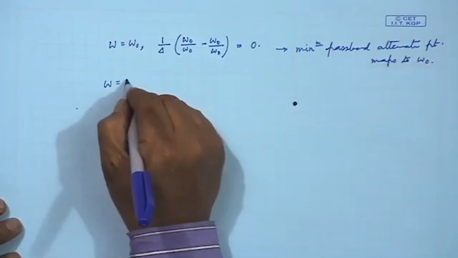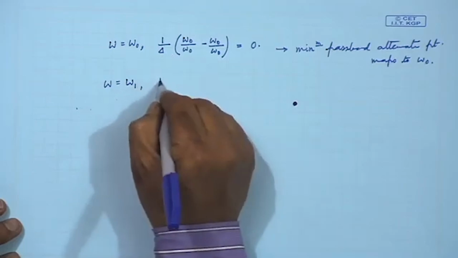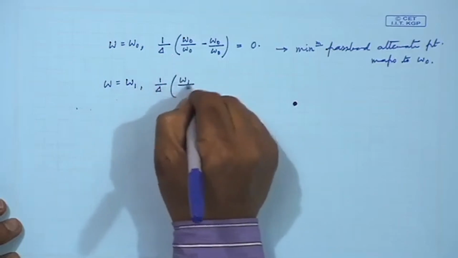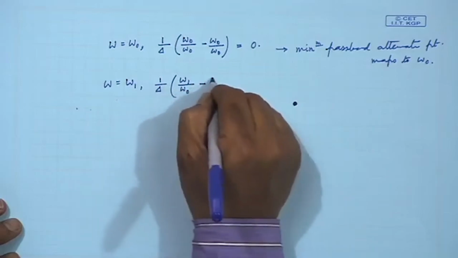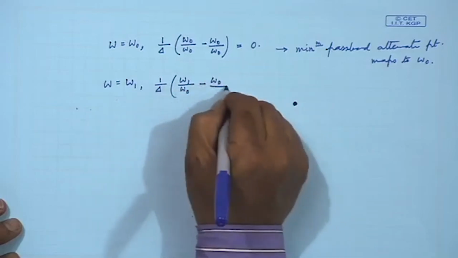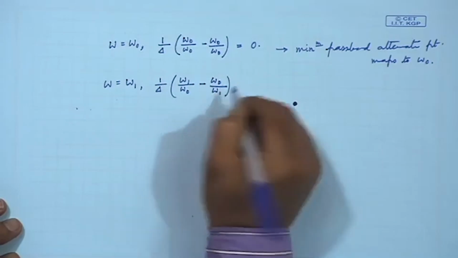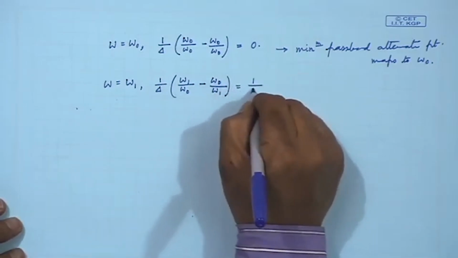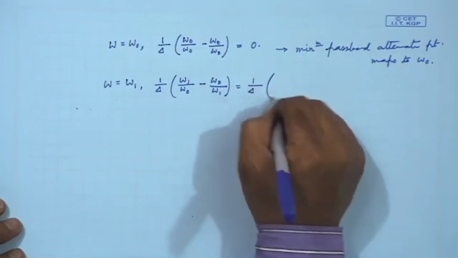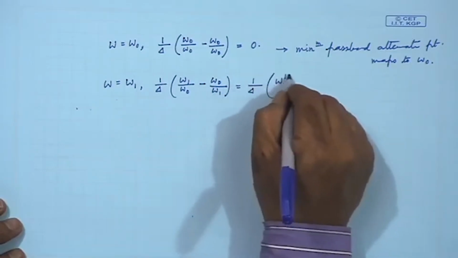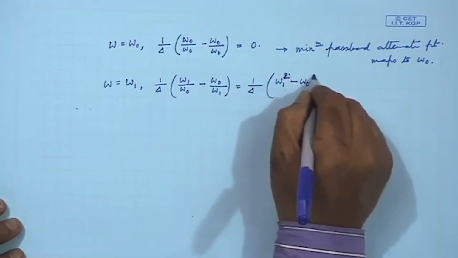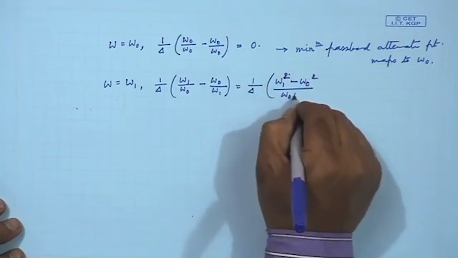When omega is equal to omega 1, what happens? 1 by delta, then omega 1 by omega naught minus omega naught by omega 1. So, this is 1 by delta, omega 1 square minus omega naught square by omega naught omega 1.